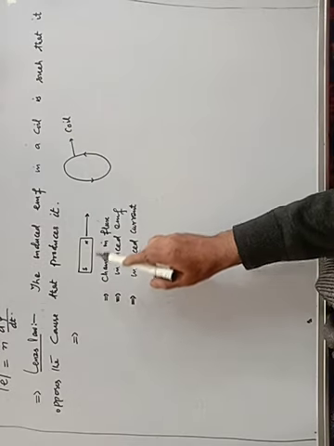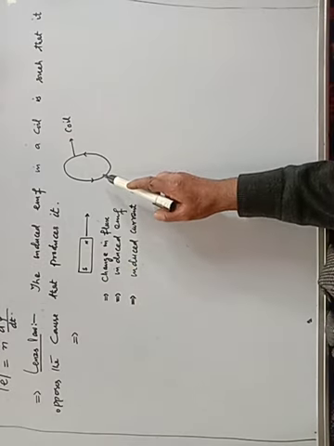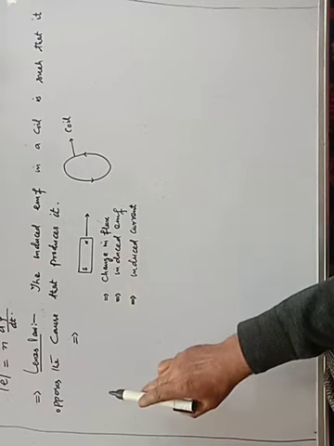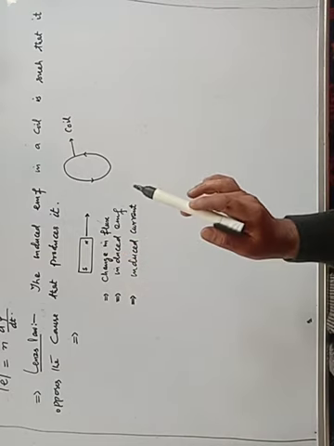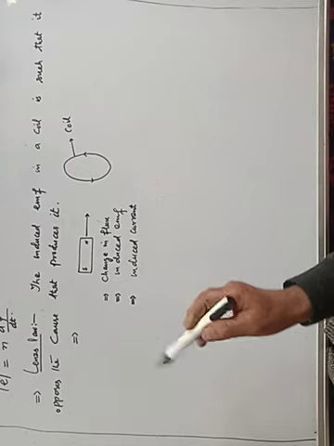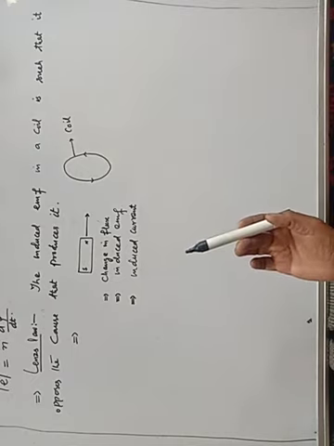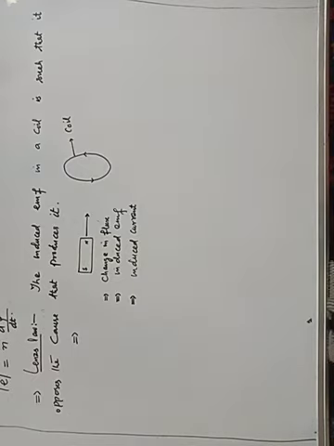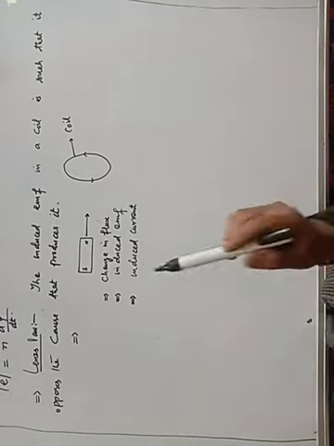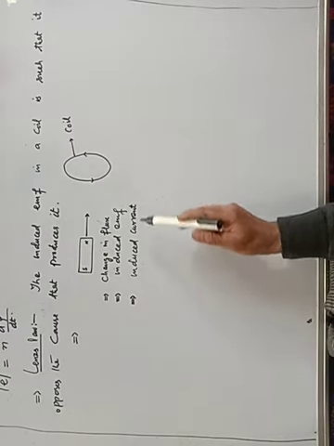So when the north pole is taken towards, or the north pole is taken away, the south pole towards, or the south pole away, in all cases there is change in flux. Change in flux is the cause of the induced EMF. When there is induced EMF, there is induced current.